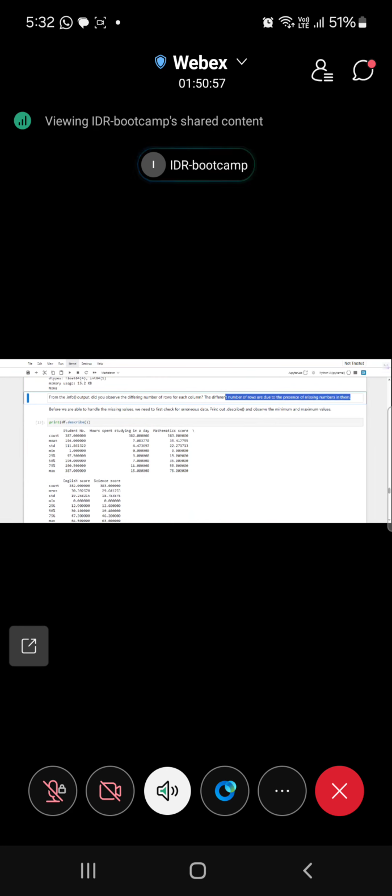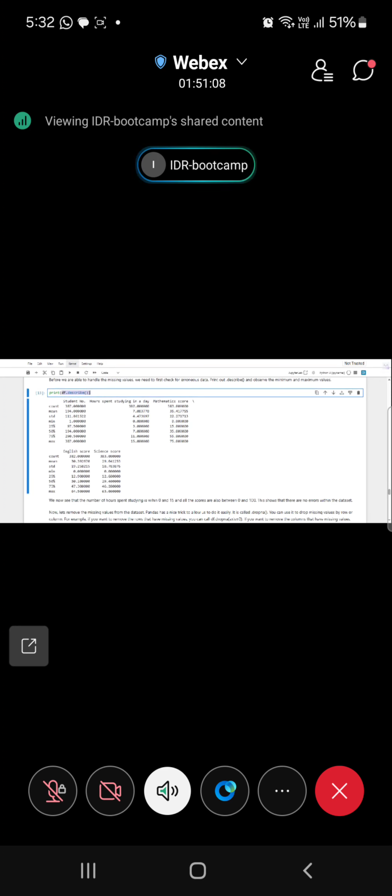This is where dot describe plays a very important role, because using this dot describe we now understand the importance of the mean.